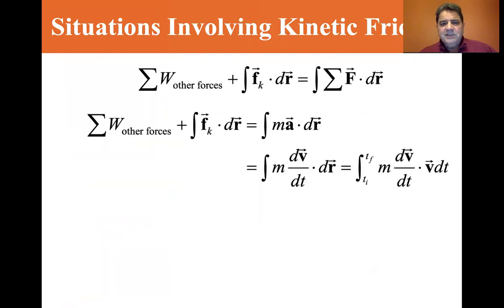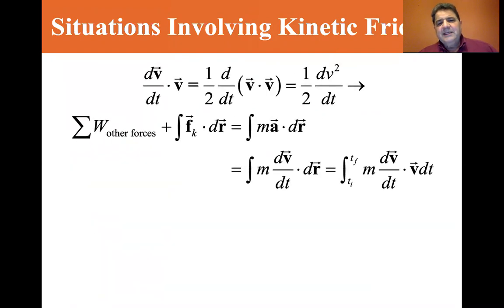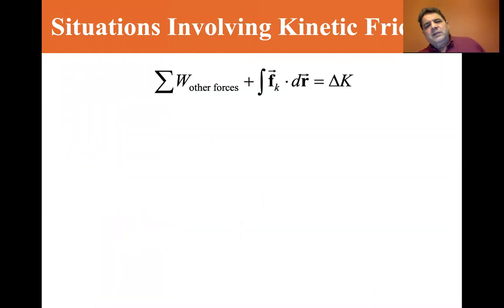I do want to get to this last slide, where the sum of the work of other forces plus the integral of the kinetic friction force dotted with dr equals delta K. If you remember the dot product, if you were to dot A and minus A, whenever there's 180 degrees, you're going to get minus.